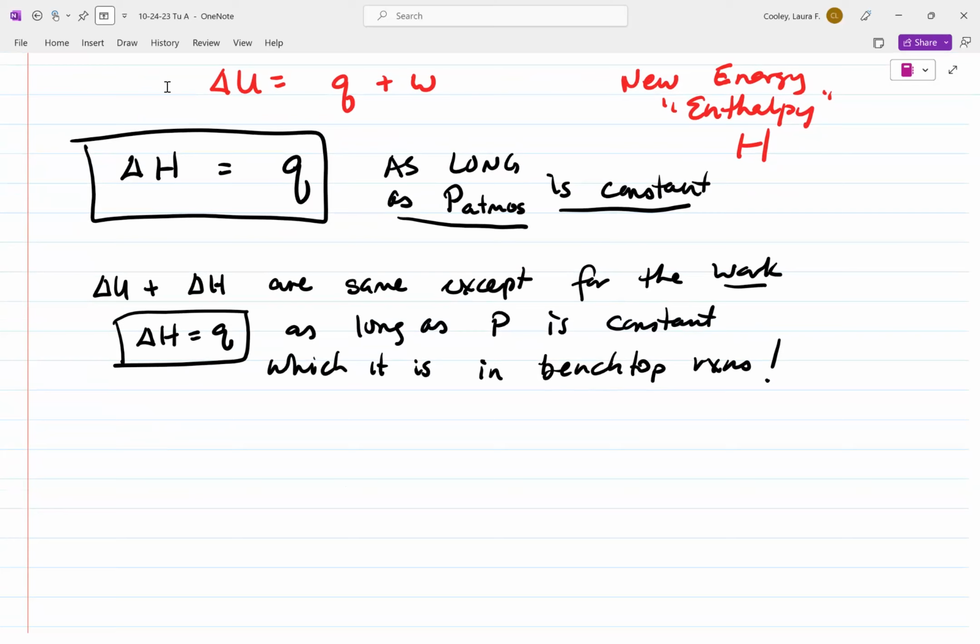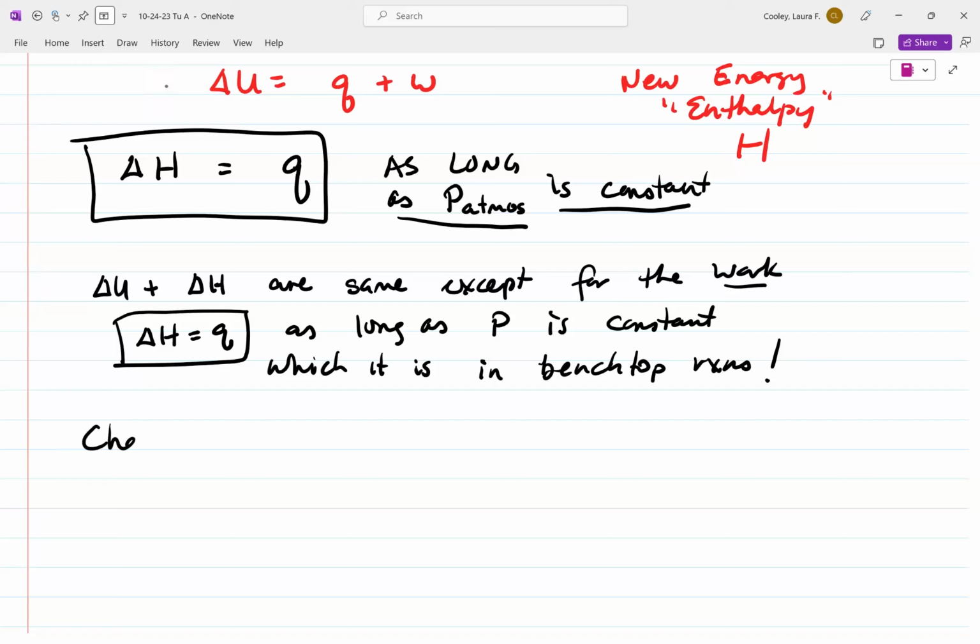We are talking about the heat. The heat released or absorbed is delta H as long as the pressure is constant. And we could think about the change in enthalpy as being due to bonds breaking and bonds forming, just like it is with internal energy.